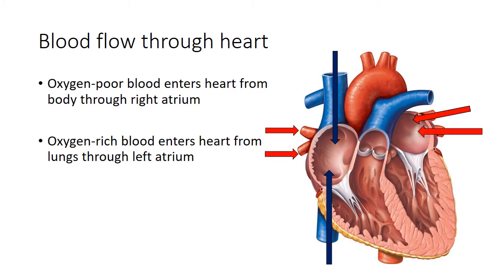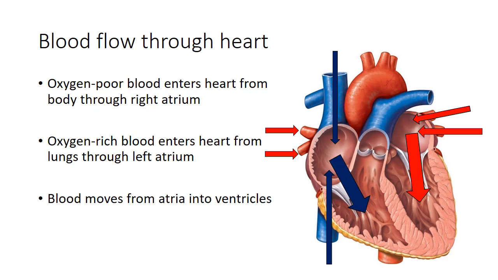Oxygen-rich blood enters the heart from the lungs through the left atrium. We will represent oxygen-rich blood with a red arrow.